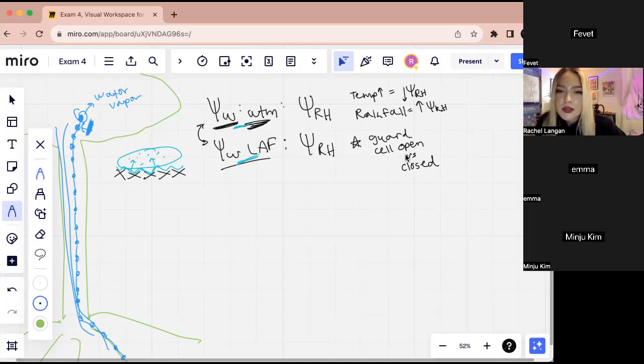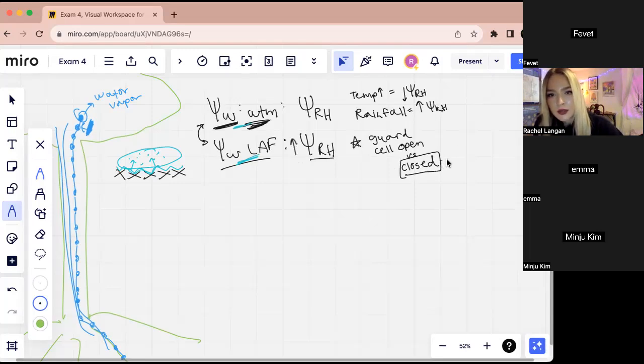So the main thing you need to know is when the guard cells are closed, that's going to impact the relative humidity of the leaf airspace by making it shoot up really high.